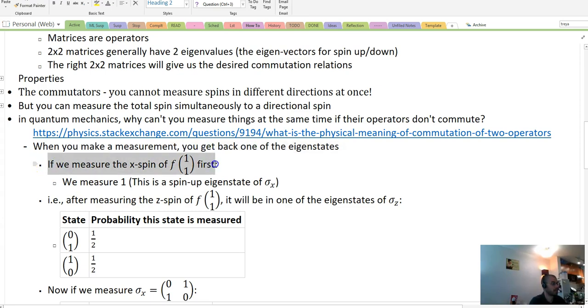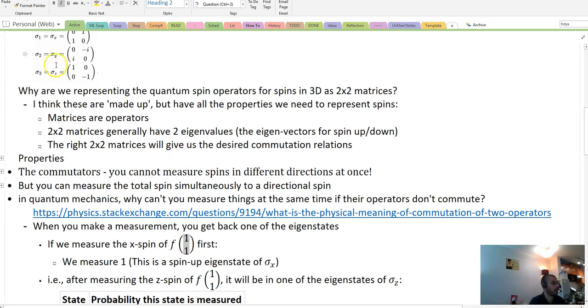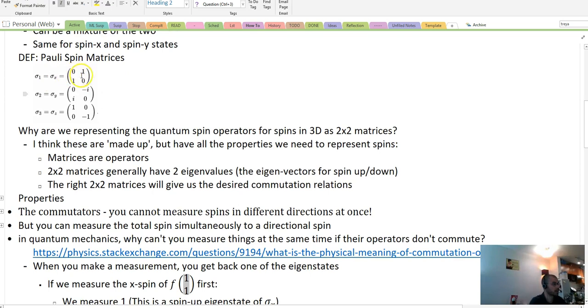Let's say we've got something that's in the state 1, 1. Okay? And so if we measure it with x, this will just give us back exactly the same vector. So this is already an eigenstate of the sigma x vector. And so what our measurement will give us is +1, because this is the +1 eigenstate.